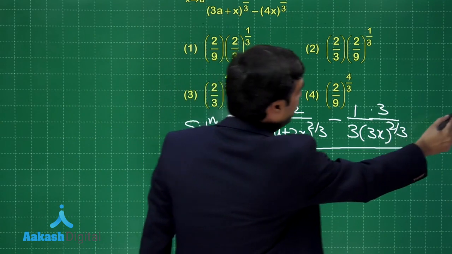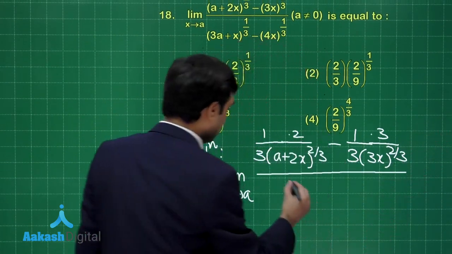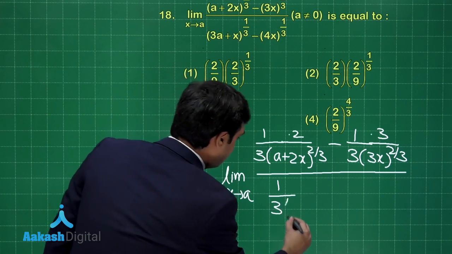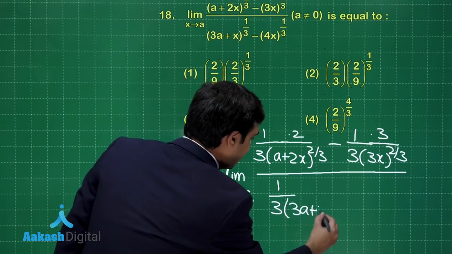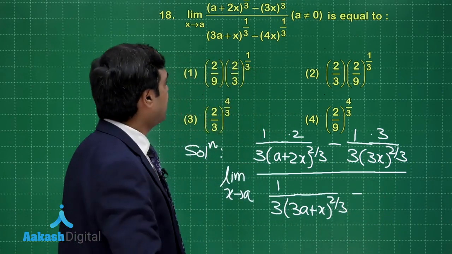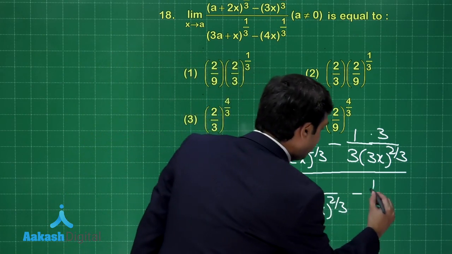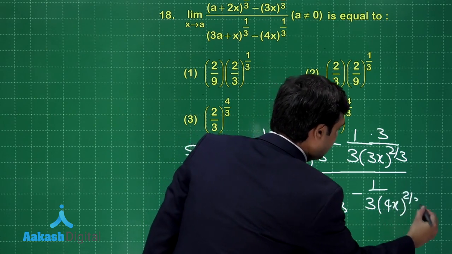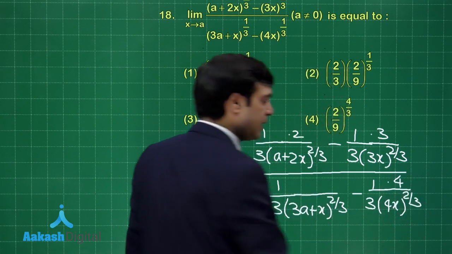Now what is the denominator there? Denominator is after derivative 1 upon 3 (3a plus x) raised to the power 2 by 3, just 1 multiplied so no need to write, minus 1 upon 3 (4x) raised to the power 2 by 3 into 4.